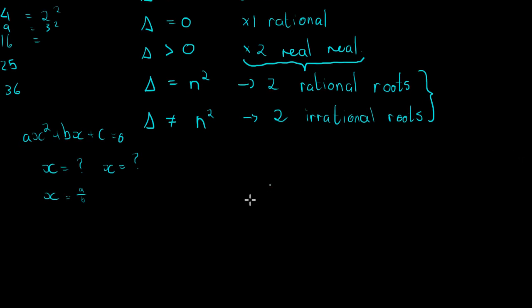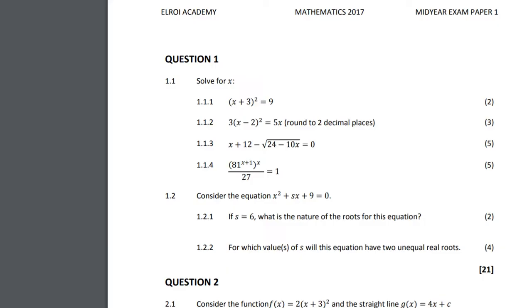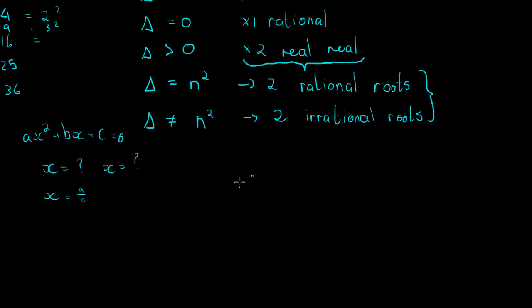Now, with that being said, they now give me a value for s. They're not asking me to solve the equation. They're saying s is equal to 6. So b squared minus 4ac is then equal to 6 squared minus 4 times 1 times 9. So what do I get? 36 minus 36.